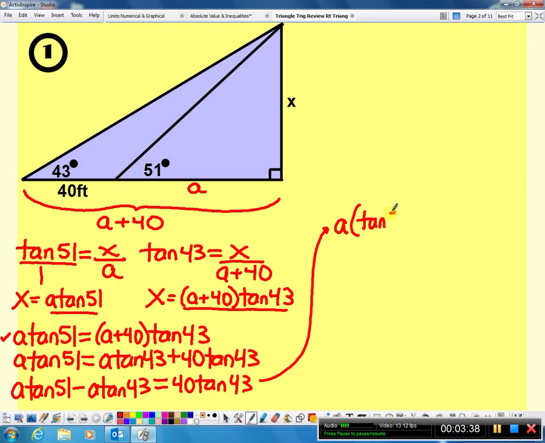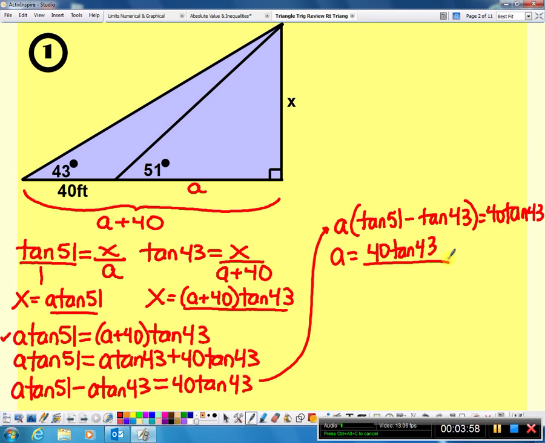That's the way you go from having two a's to a single a, which then becomes solvable. Then all you have to do is say, all right, let's divide. So you get this really messy expression that you can insert in your calculator.